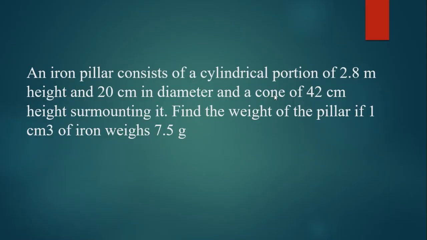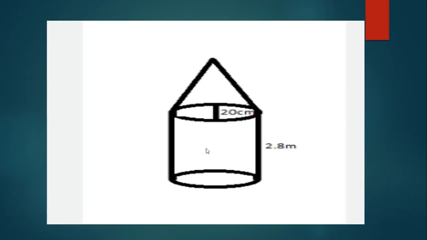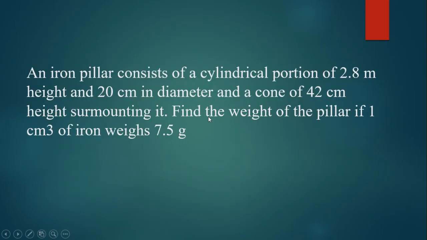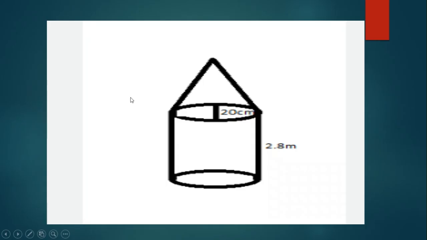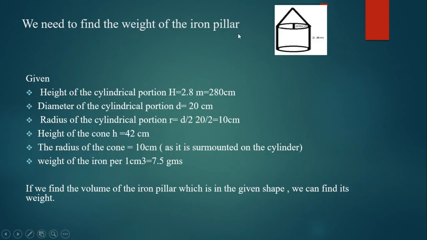The height of the cylinder is 2.8 meters, and the diameter of that particular cylinder is 20 centimeters. Now, it is the iron pillar, and what is given as the information? Let us check once again: the height of the cylindrical portion.